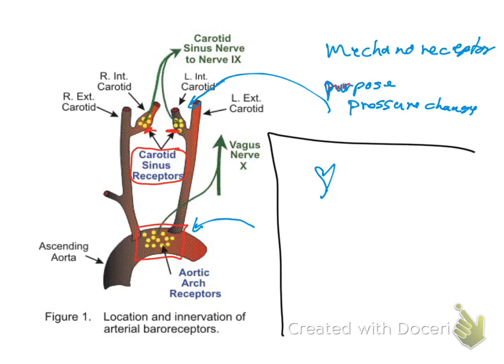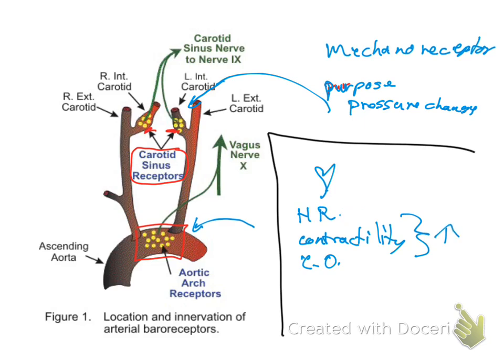Also affected are the contractility and the cardiac output. So we have three things that are going to be high: heart rate, contractility, and cardiac output.